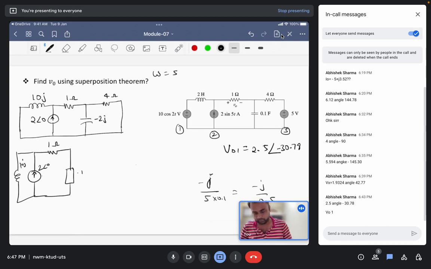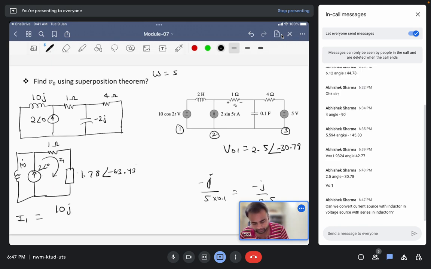So this is 1.78 angle minus 63.43. So we'll use the current division rule here. We have to find the current through this loop. Using the current division rule, let us call this I1. So I1 will be the opposite impedance, that is 10j, divided by the sum of the three combinations.